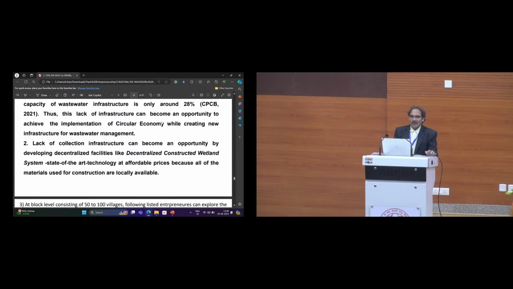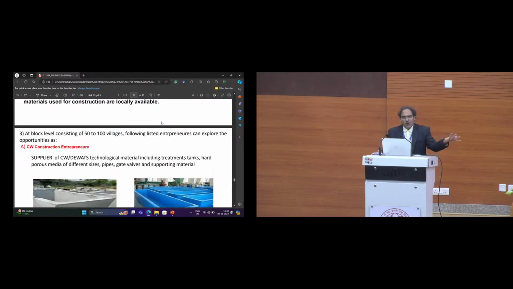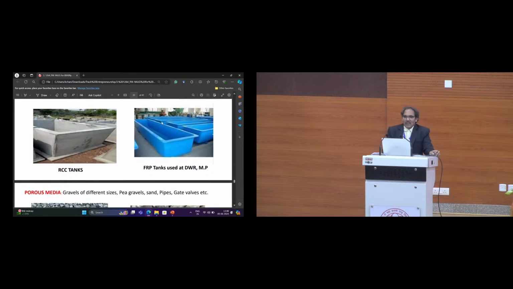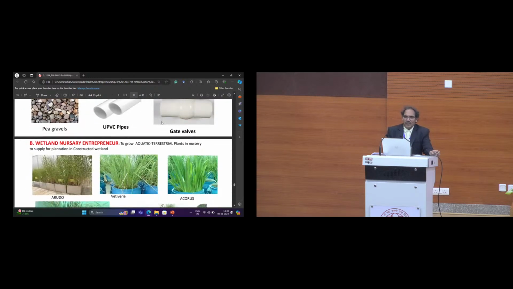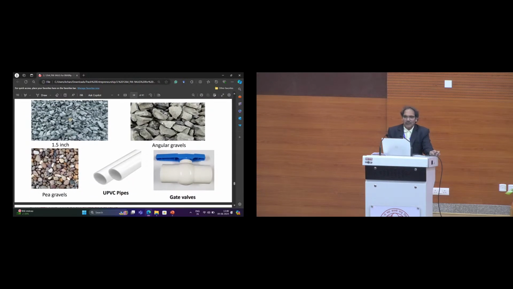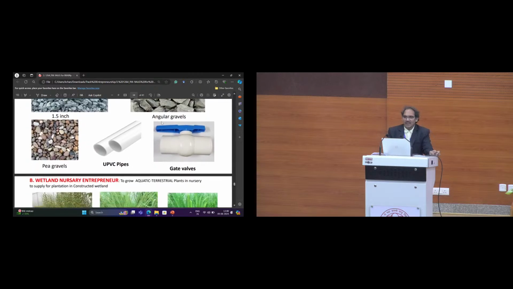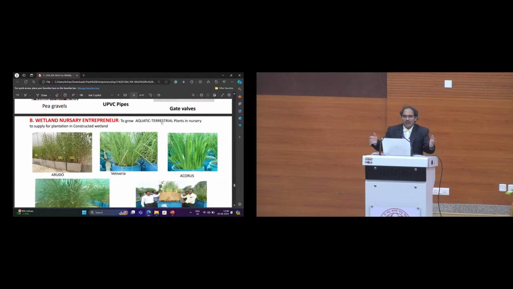What is the entrepreneurship scope here? Because in rural areas this technology has not gone there, and the Jal Jeevan Mission is also going on. So they have adopted this technology for maintaining sanitation in villages. The entrepreneurship scope is there for the supply of gravel and technological material.